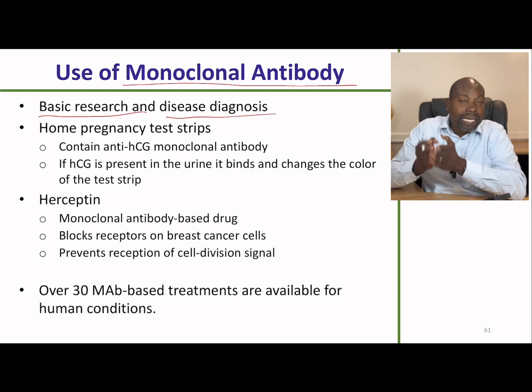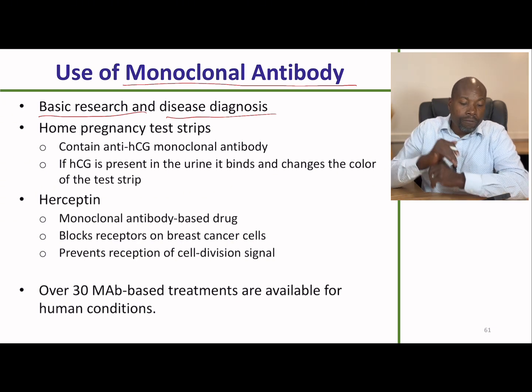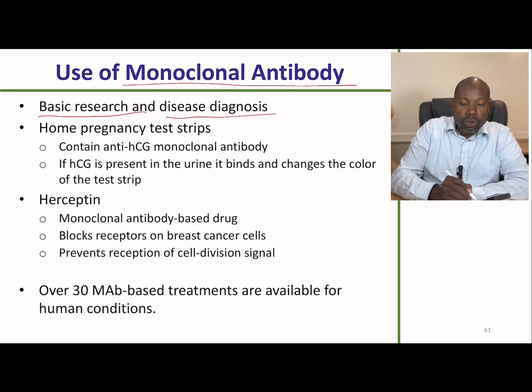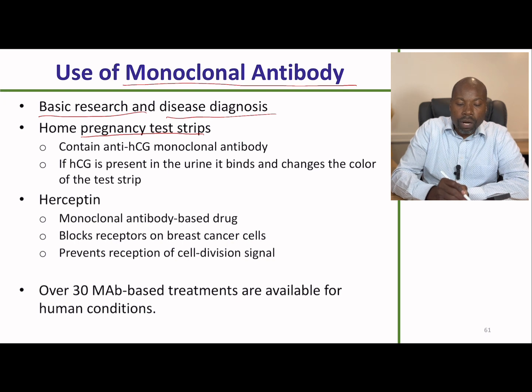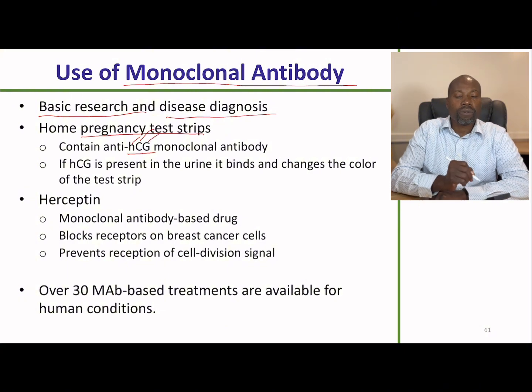Some applications are, for instance, for a lady to know if she's pregnant or not, right? We have these days monoclonal antibodies that are used to recognize a hormone called HCG, human chorionic gonadotropin.